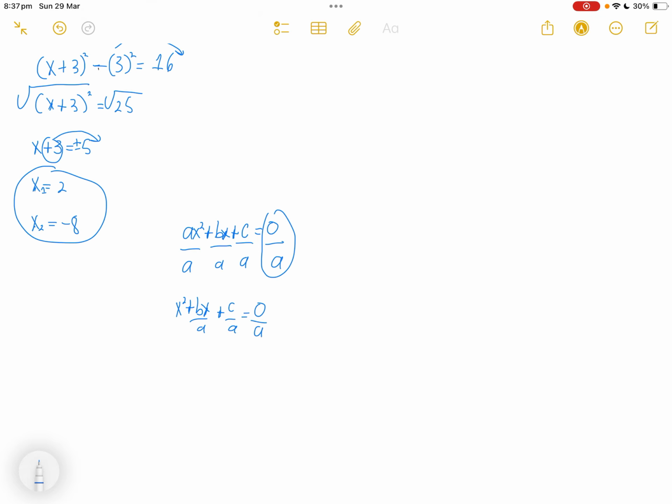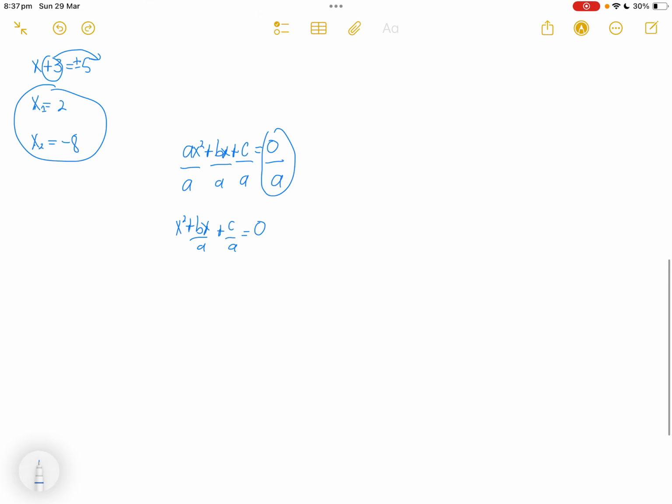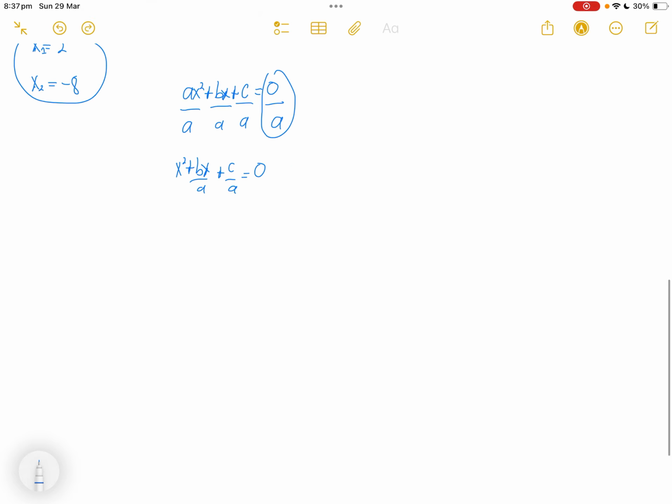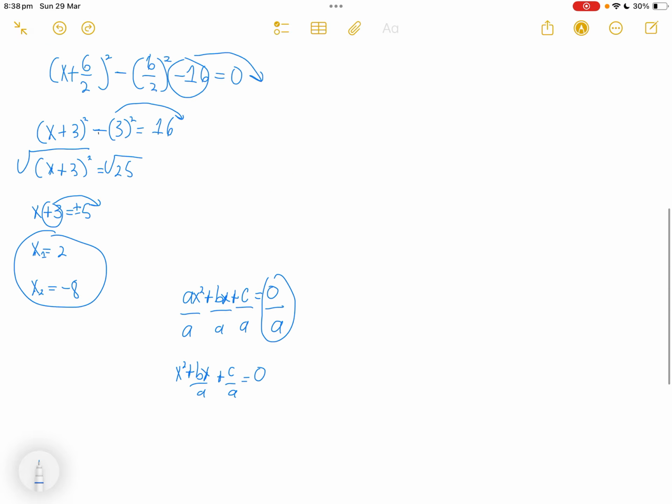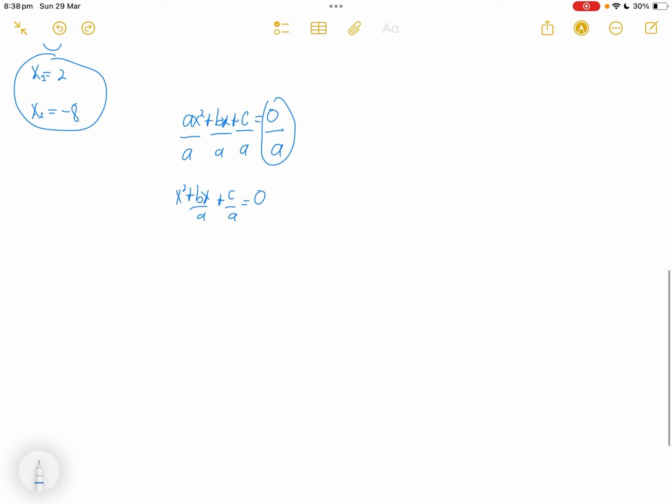So that a denominator is gone. And the next thing we're gonna do is use the same method we used on the polynomial right here.